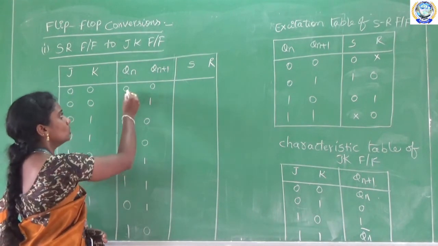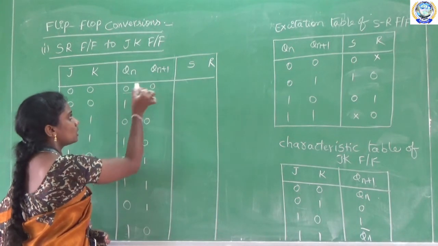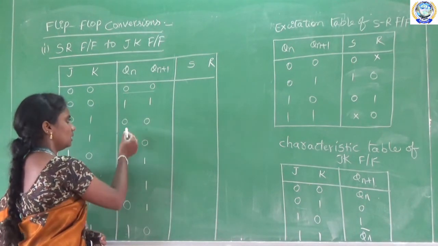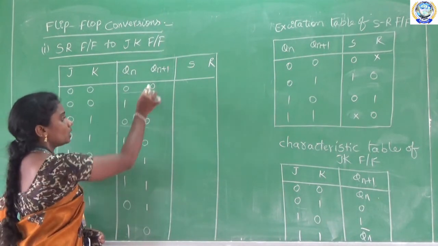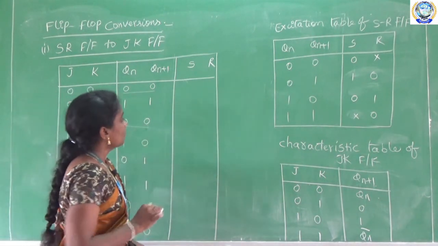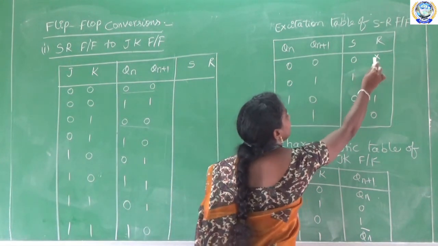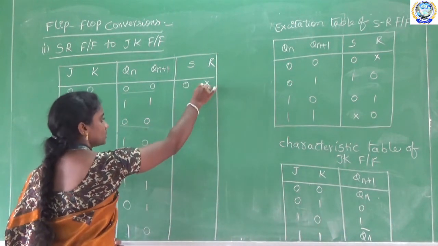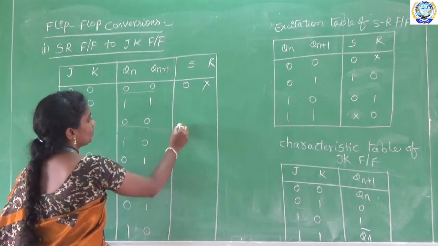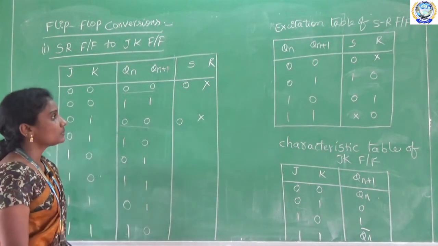Similarly here also in the truth table, Qn equal to 0 and Qn plus 1 equal to 0. For this condition, what are the values of S and R? 0 and don't care. Here 0, it is don't care.